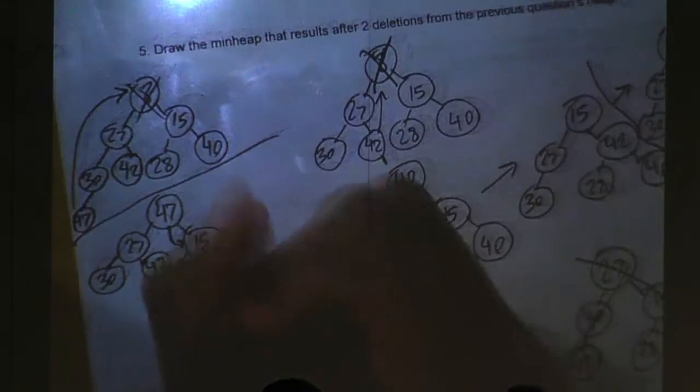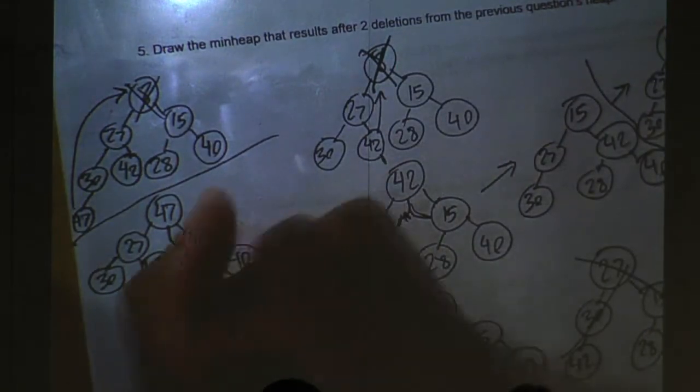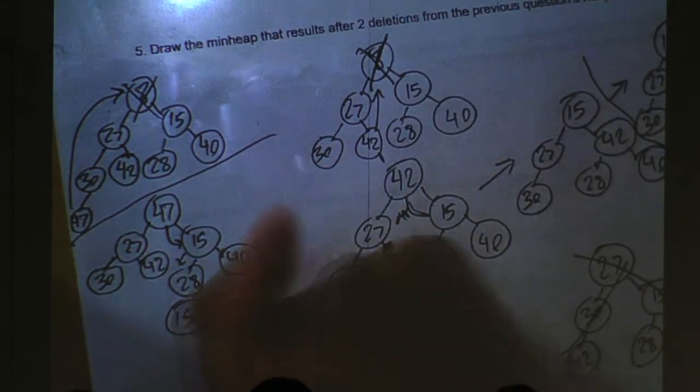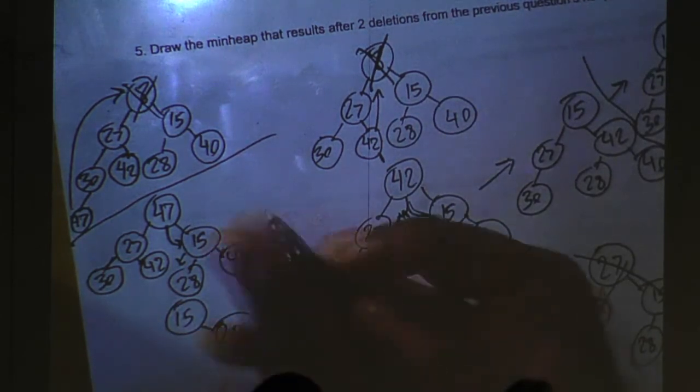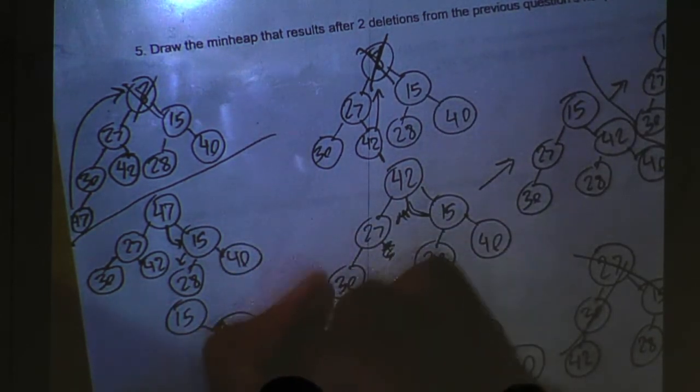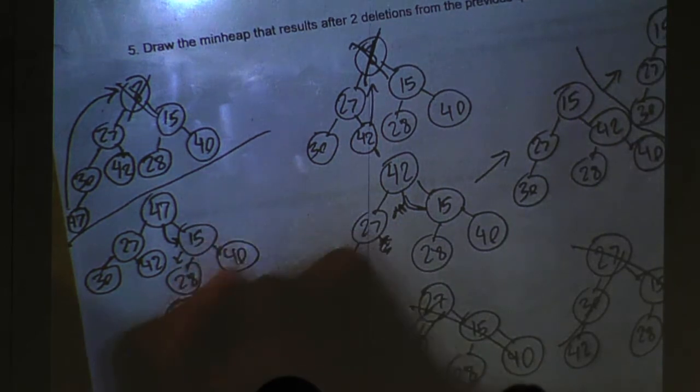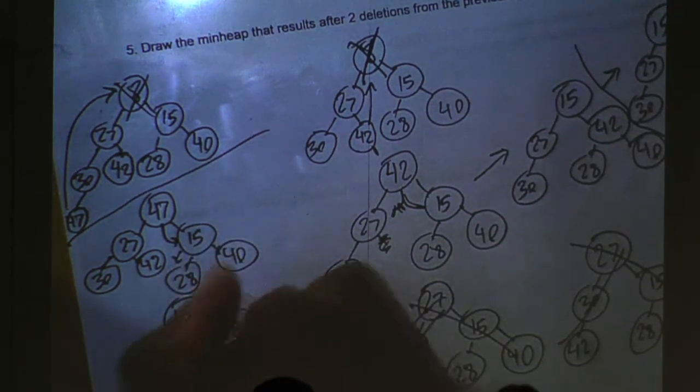So then this would be the one you had, and then you do the same thing as before where you switch it with the smaller two numbers, and then you'd switch it with this one here, and switch it with this. So then afterward you'd have 15, 28, 40. So then you end up with this after you did the two swaps.